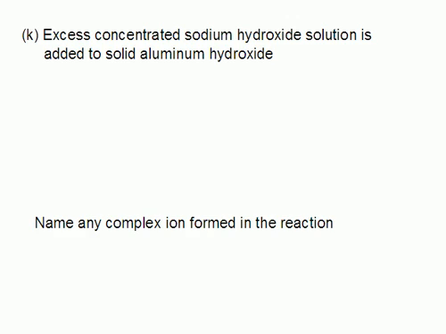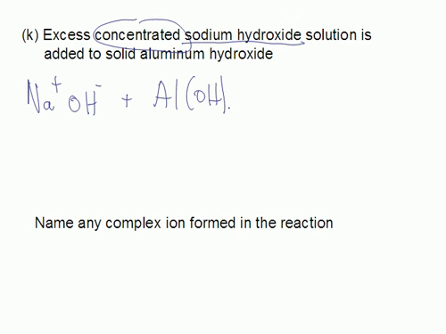Going on to K, excess concentrated sodium hydroxide. It's in water, a strong base, Na+ and OH minus, added to solid aluminum hydroxide. Solid, so it's going to stay together. We see ions, so we are going to connect and cancel.